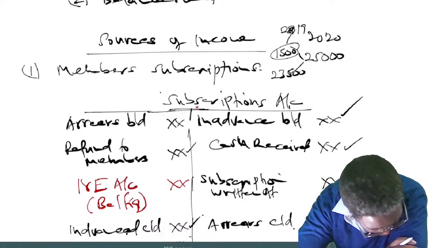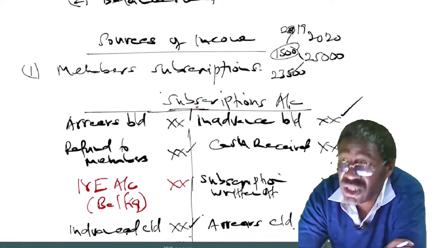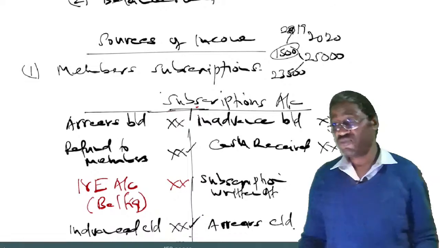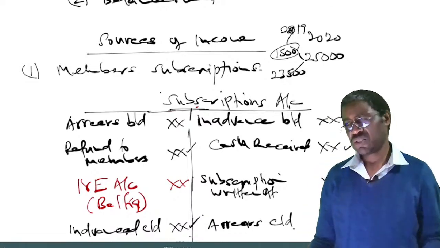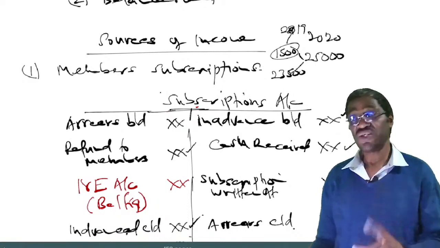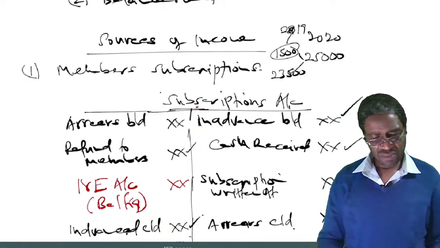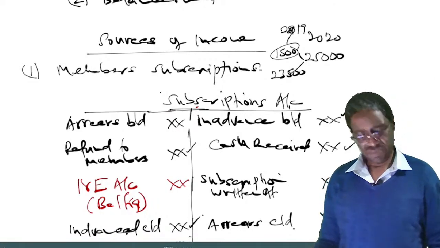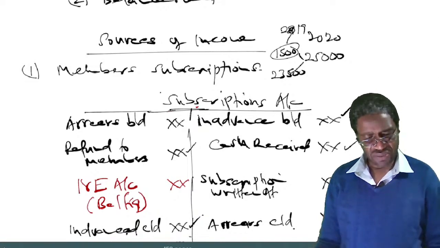Another paragraph. The following is the format of a subscriptions account, which is used to determine the income for the year.